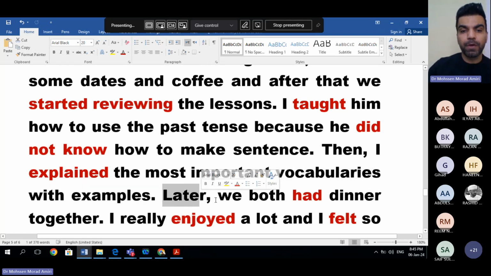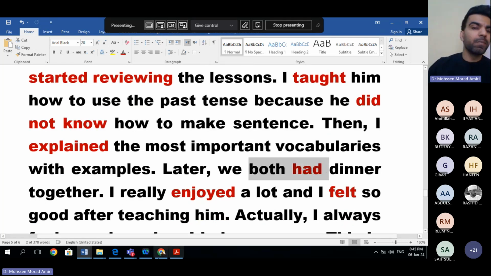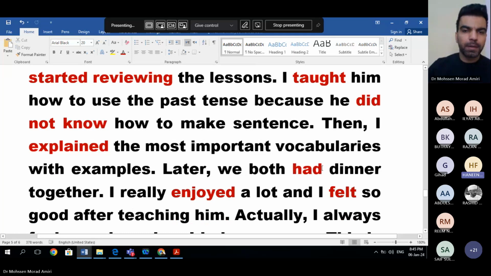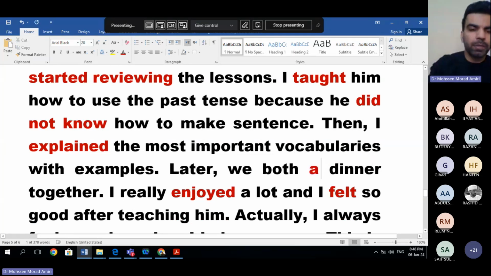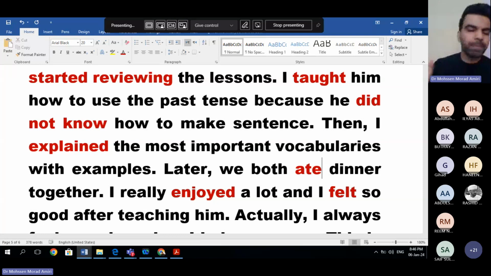Later, we both had dinner. It doesn't just mean we both had dinner, guys. Had dinner means ate dinner. Some students write ate. Absolutely okay. But had is much better. Had here means eating together.